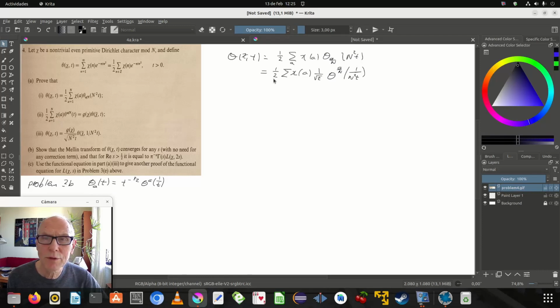So 1/2 the sum from 1 to n of chi. Yes, that's what we've got. So that gives g of chi.